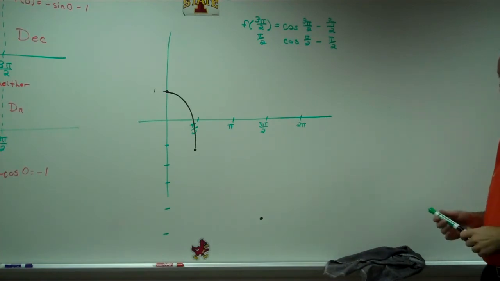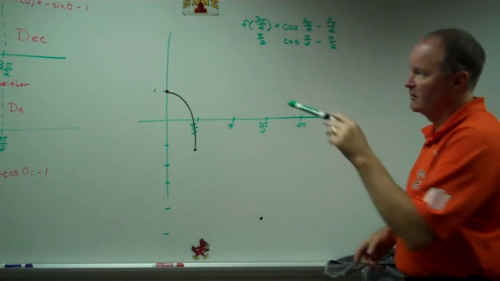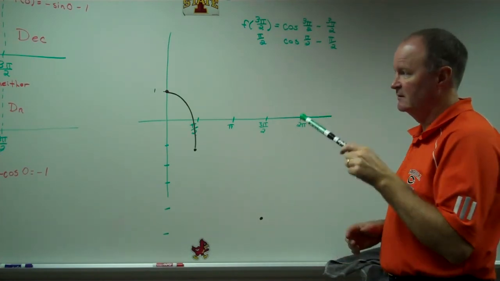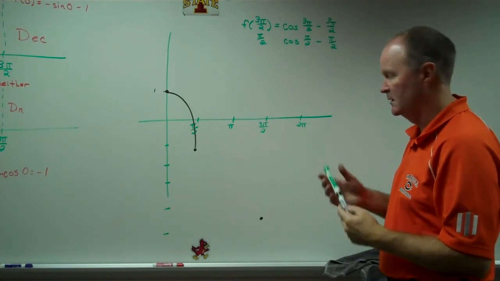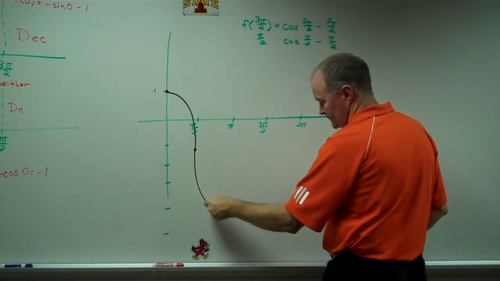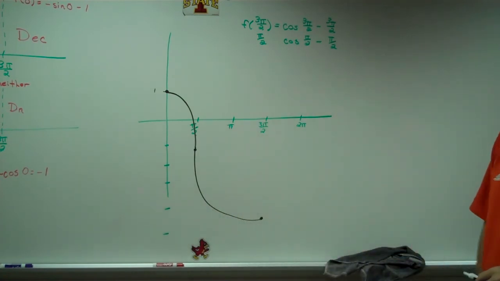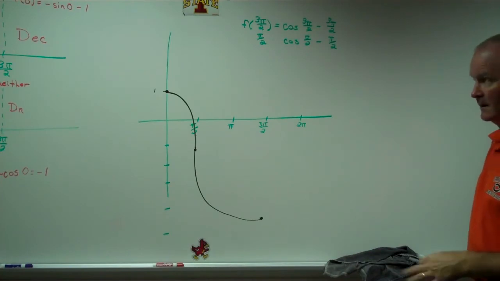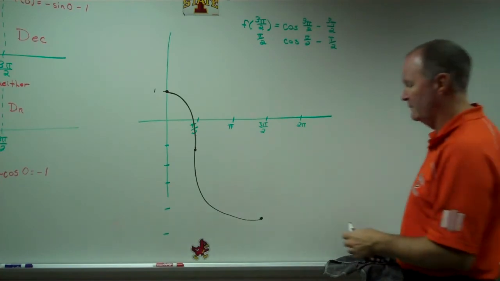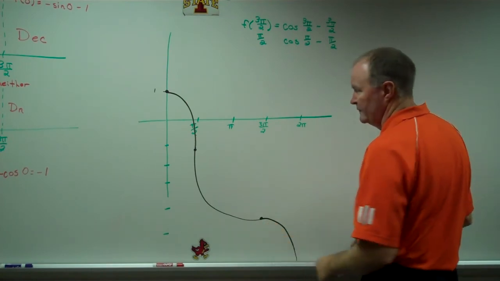Decreasing, concave down. So then according to the chart, I'm decreasing and concave up. Decreasing and concave up. And then after 3 pi over 2, I am decreasing and concave down.